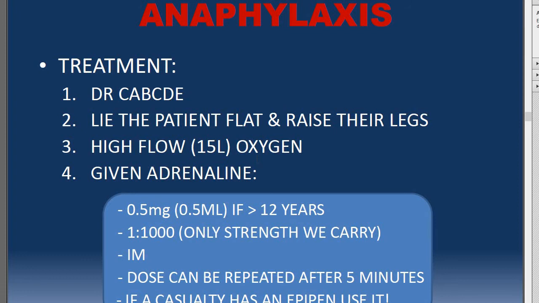If blood pressure is low, I'm sure most of you will experience low blood pressure yourself. If you stand up too quickly, get up in the middle of the night for a wee and you jump out of bed, walk across the bedroom, and then suddenly you're feeling a bit woozy, you feel like you might pass out. That's probably because your blood pressure at that stage is about 70 or 80 or maybe even lower.